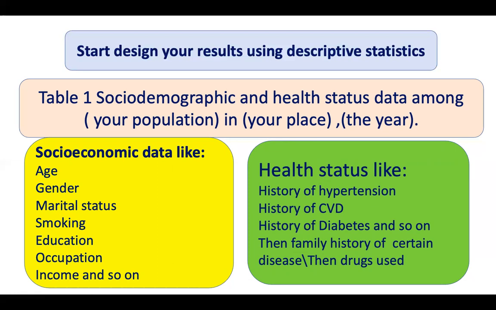You will mention the disease which is related to your disease. And then you can mention the drugs. For my group, they mentioned whether anyone is on cortisone or not. So you have to mention drugs, family history, and the health status of the person himself. This is a provisional table 1.